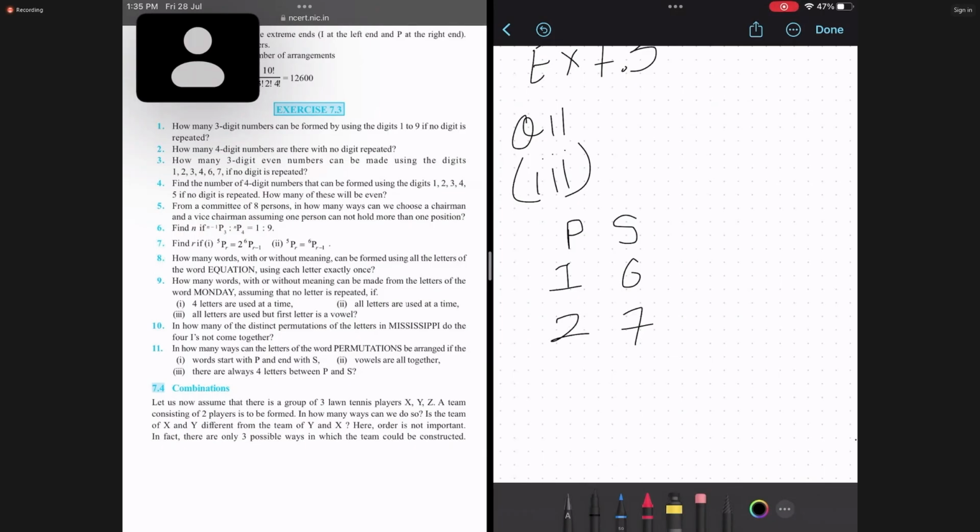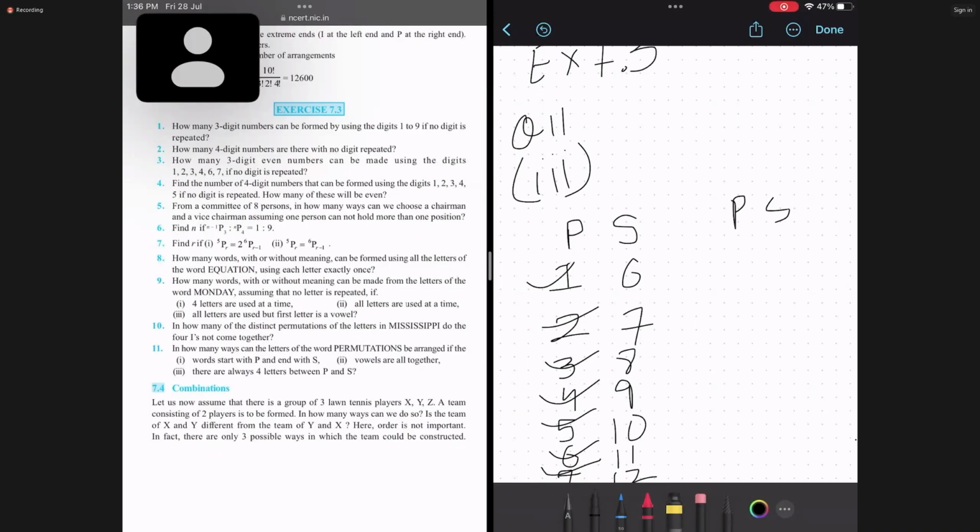Because it has already been given in the question that there are always 4 other letters between P and S. So if you go on to enumerate this, 8, 9, 10, 11, and 12. So there are 1, 2, 3, 4, 5, 6, and 7 distinct ways you can fill in P and S to occupy positions such that they always have 4 letters between them.